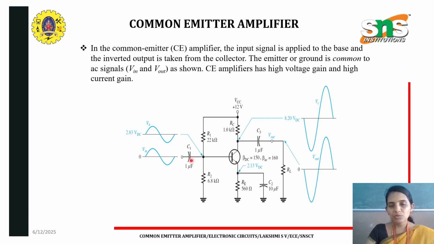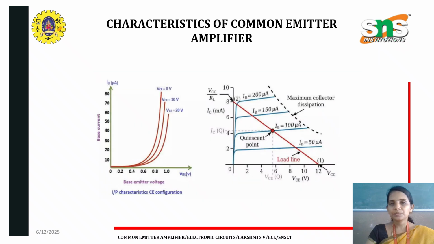At the biasing, voltage division occurs. Voltage divider biasing is given at the input, and the small signal applied at the input gets amplified at the output with a 180-degree phase shift. This is called the common emitter amplifier.